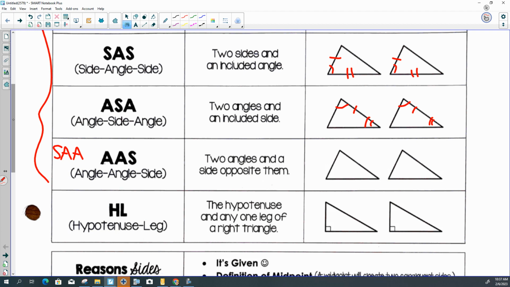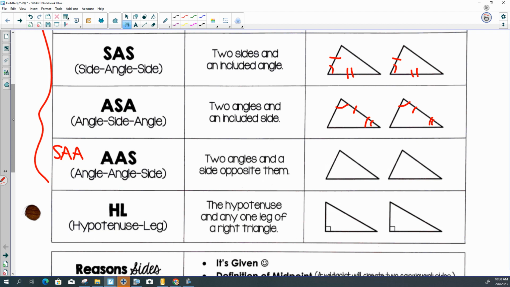And the side needs to be in between the 2 for it to be called angle, side, angle. The order matters. If you use the wrong one, you would get marked off.